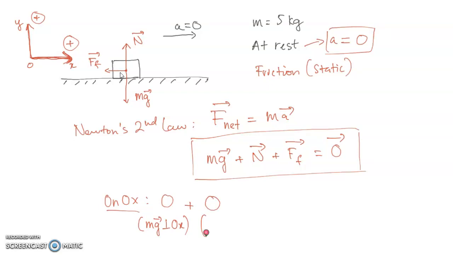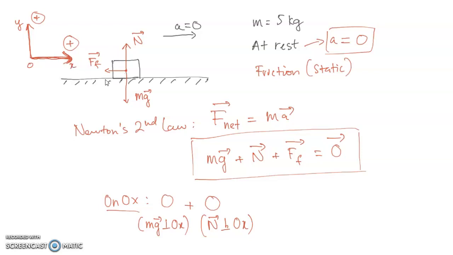What about F friction? Friction here is parallel to OX, but it's going to the left. Remember that we assume going to the right is positive, but F friction is going to the left.